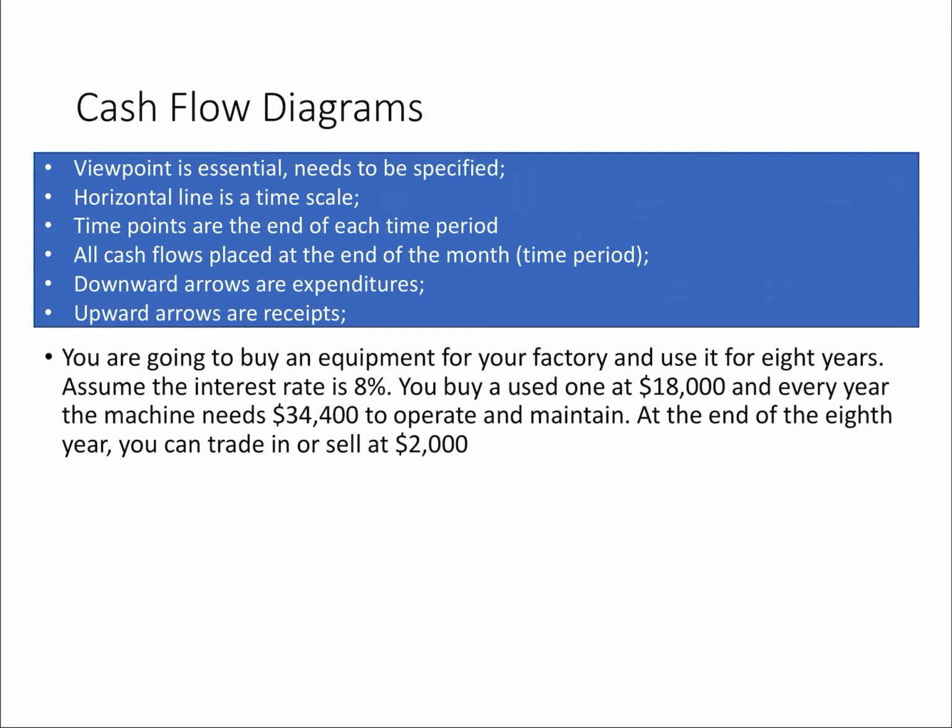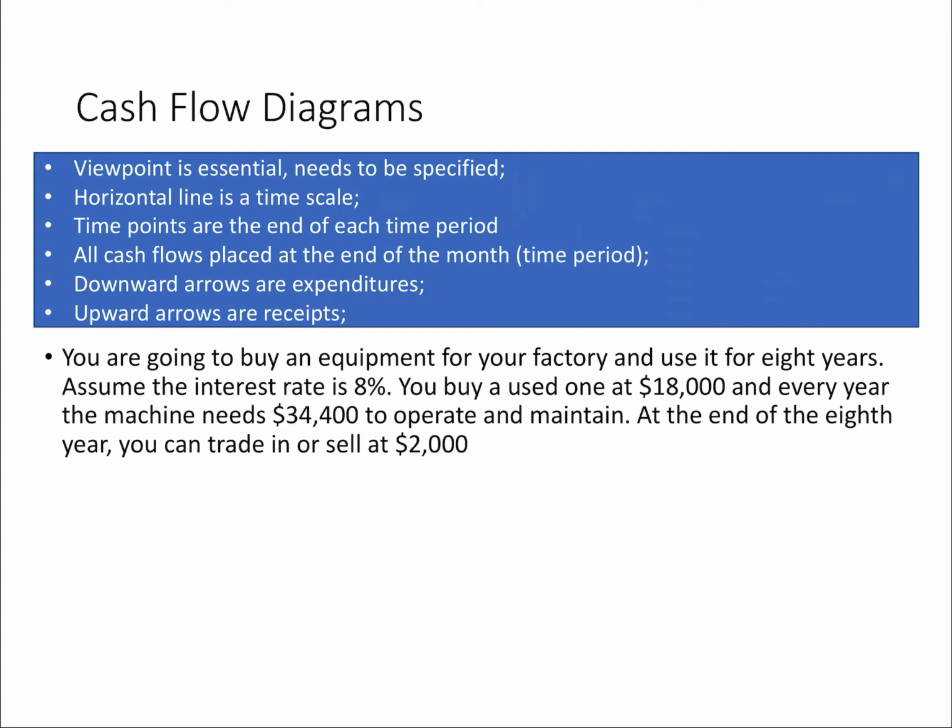And again, if you define the viewpoint from your defined perspective, if you're spending money, then it's a downward arrow. If you are receiving money, then that's an upward arrow. Okay, so that is the rule you have to follow for drawing this diagram.